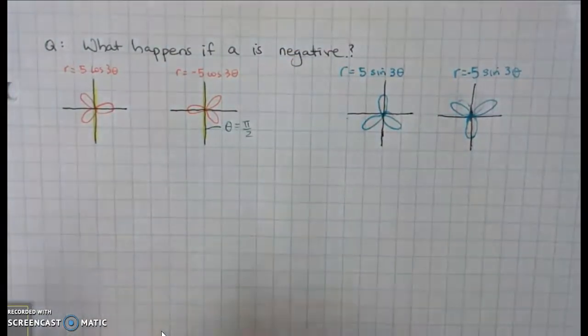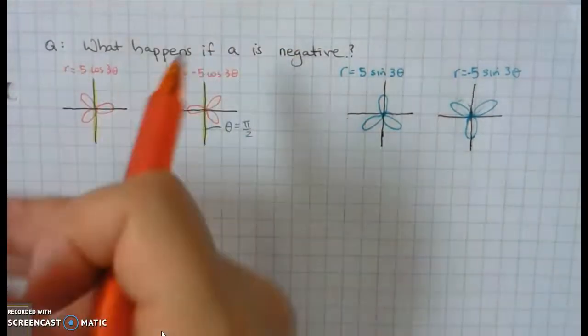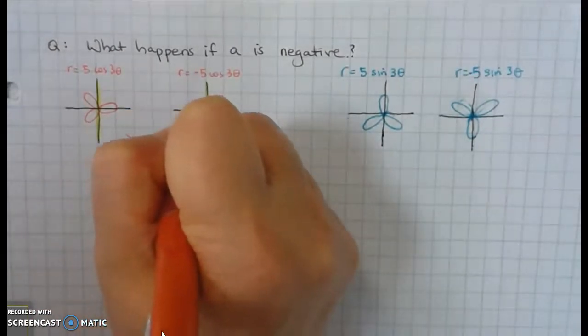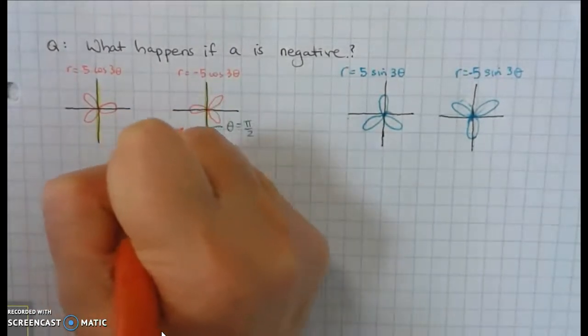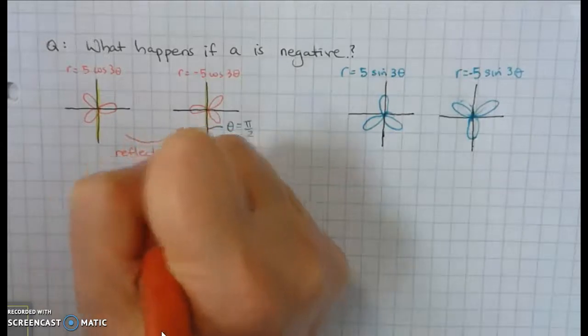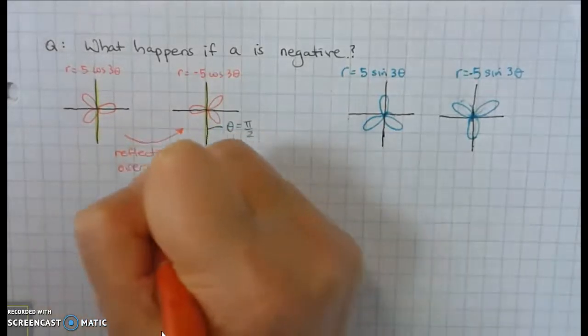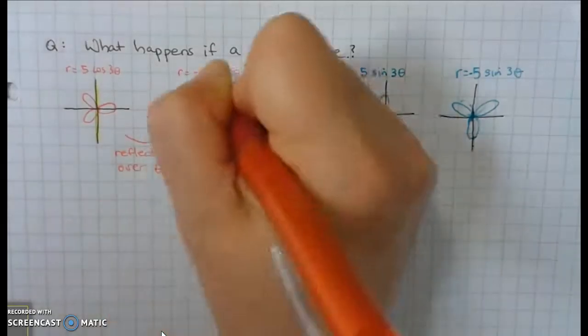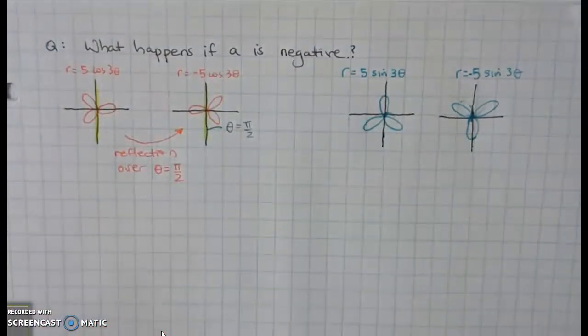And it's as if we've reflected, so it looks like a reflection over the line theta is equal to pi over 2. So that is the vertical line. We used to call that the y-axis, but we do not talk in terms of x and y-axis because we don't have the x and y-axis anymore, right?